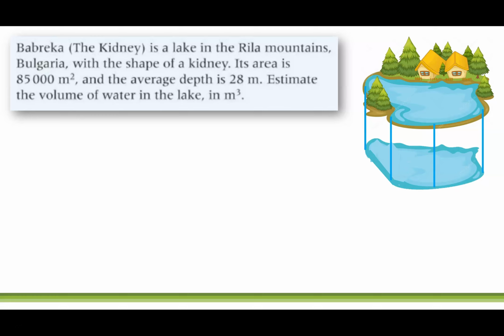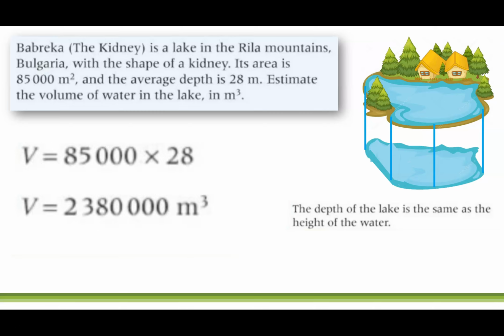But it's the same thing as whether this lake was an aquarium sitting on dry land, or down under the surface of the ground. So the height of the water is the same as the depth of the water, and we take the area of the cross section at the top and we multiply it by its depth, and that's 28. And your calculator would tell you that's 2,380,000 cubic meters of water.